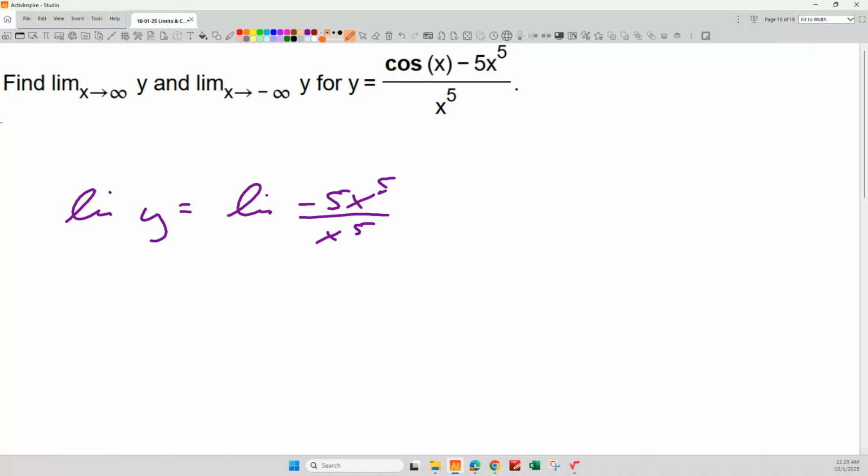The cosine x becomes insignificant. And that's equal to -5 as I approach either positive or negative infinity. Right? Okay.